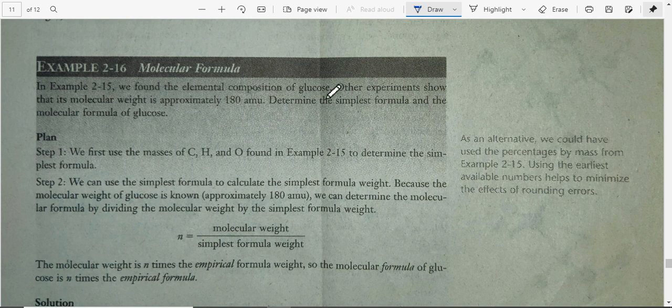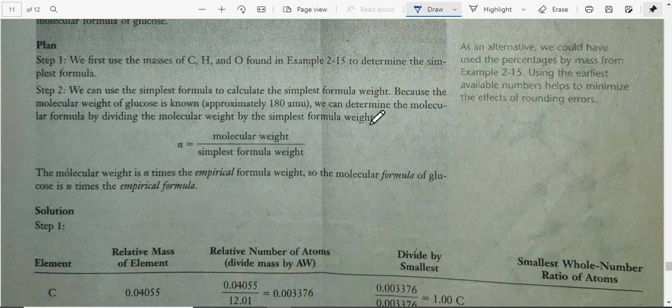So that is the molecular weight, the total. To determine the simplest formula and the molecular formula of glucose, first you need to find the mass of your carbon, hydrogen, and oxygen, because those compose glucose.